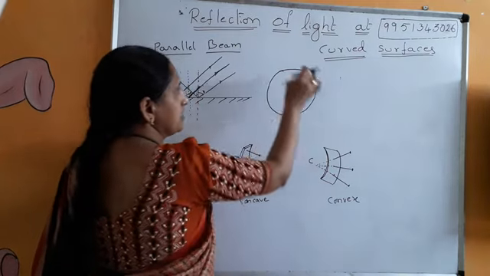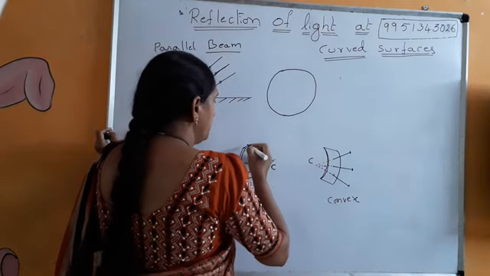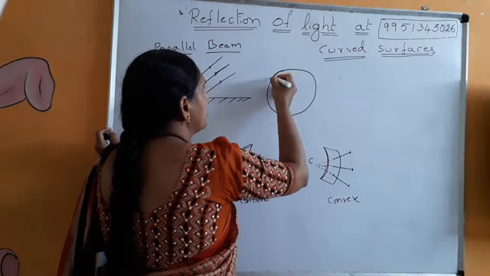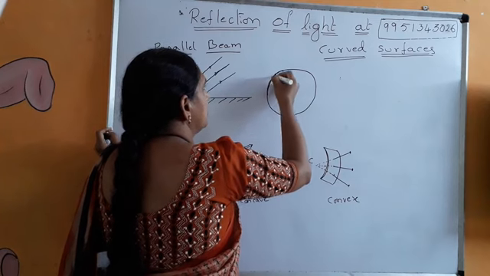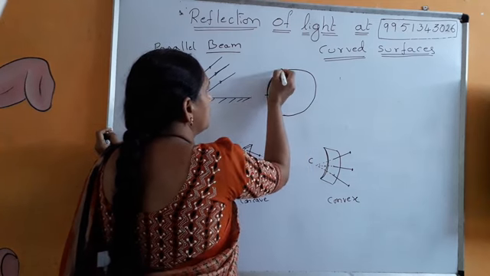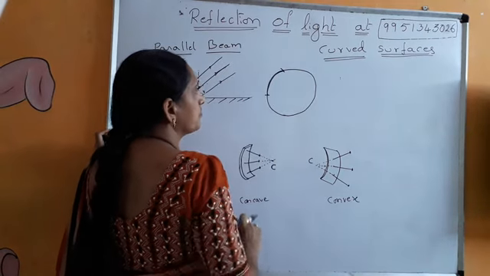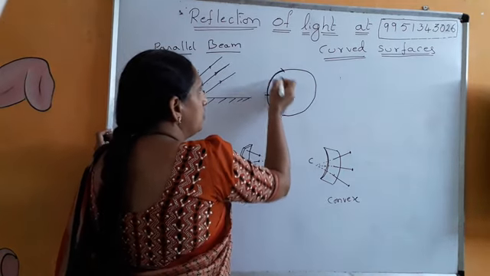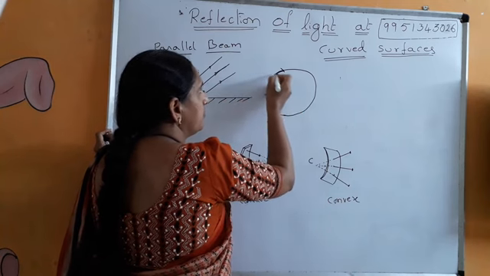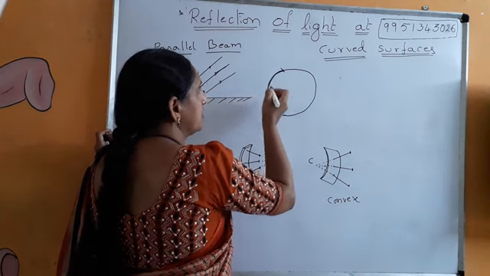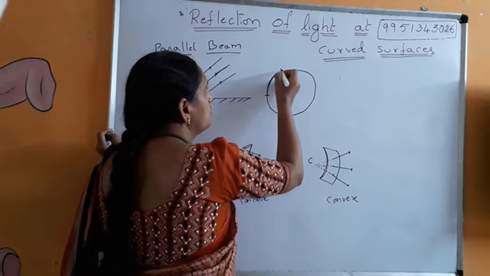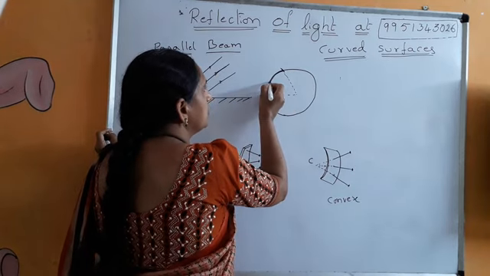Take a circle here. Let us suppose the concave shape that you have imagined here is this curve. Now all the normals, which were the perpendiculars to this surface, tend to meet at this particular point.